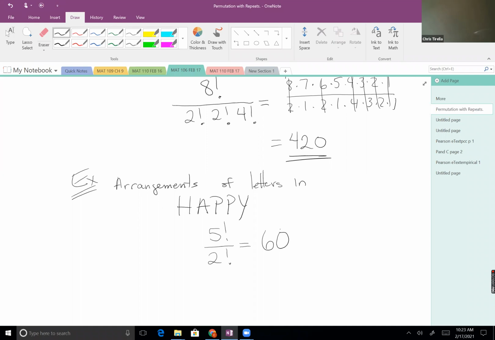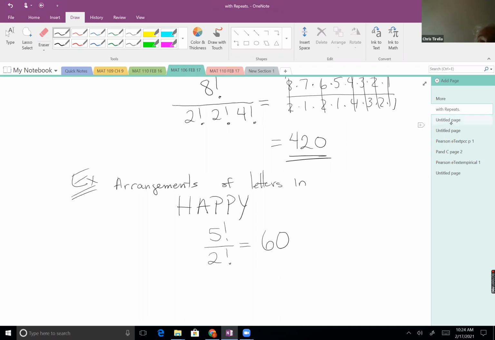Did anybody else get 60? Yeah. So do you see the need for dividing out by a different factorial for each separate thing that repeats? If you've got more than one thing that repeats, you've got to put parentheses around that denominator, okay?